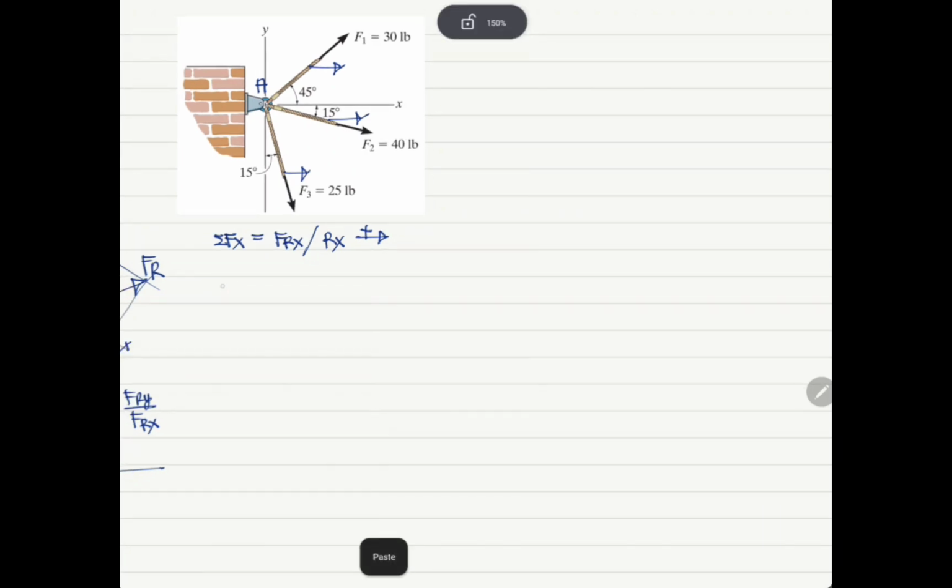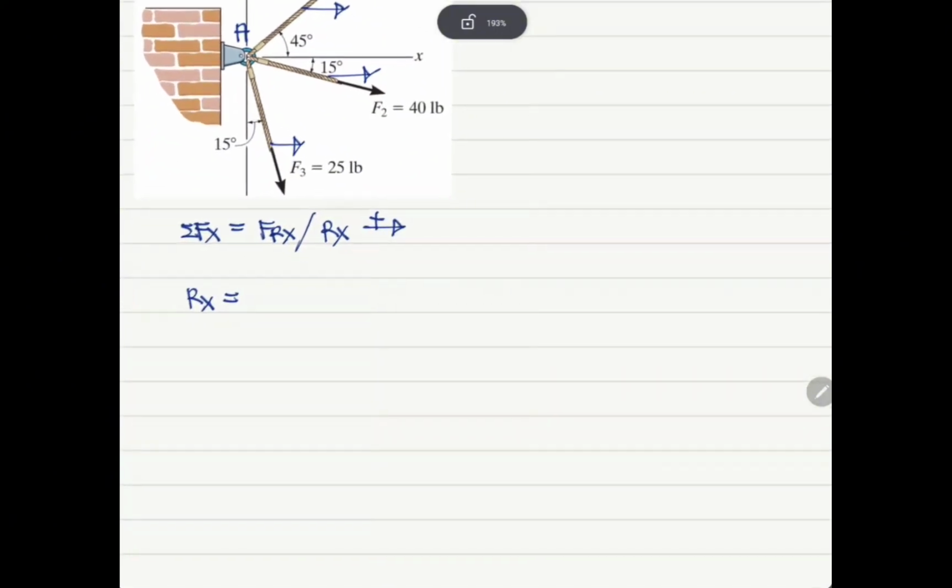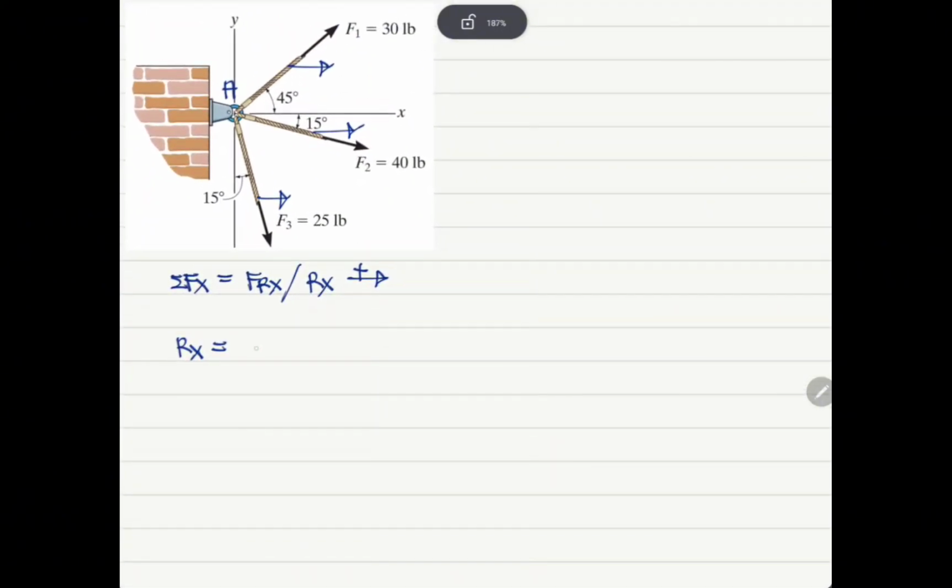So Rx is equal to F1x, which is 30 cosine of 45, plus 40 cosine of 15. Okay, to the right again. Cosine because its x component is adjacent to the angle.